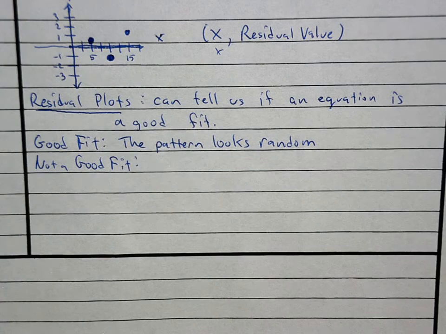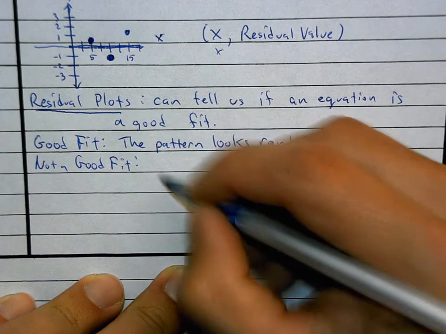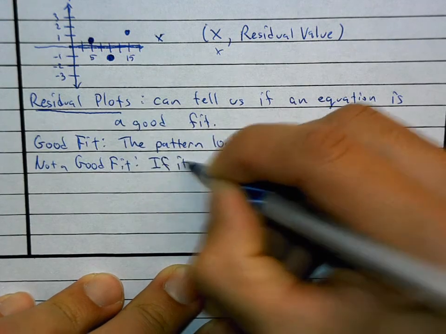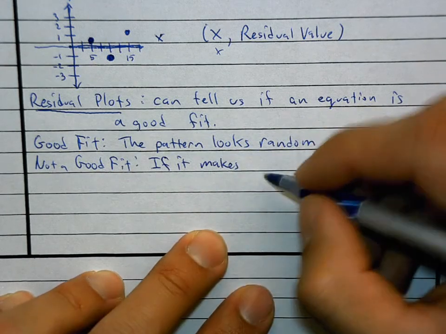Balanced. Those are the words that I kind of think of when I think about it being a good fit. It is not a good fit if it makes a shape.